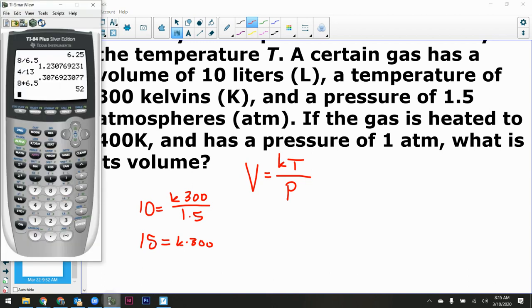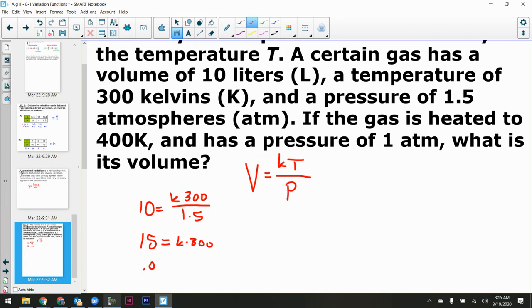Then I divide by 300. 0.05. So 0.05 is my k value in this case. Now that means my equation turns into volume is equal to 0.05 T over P.